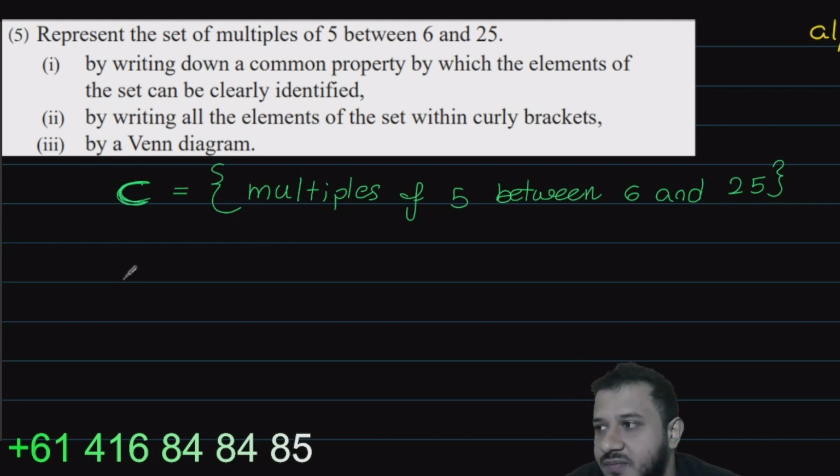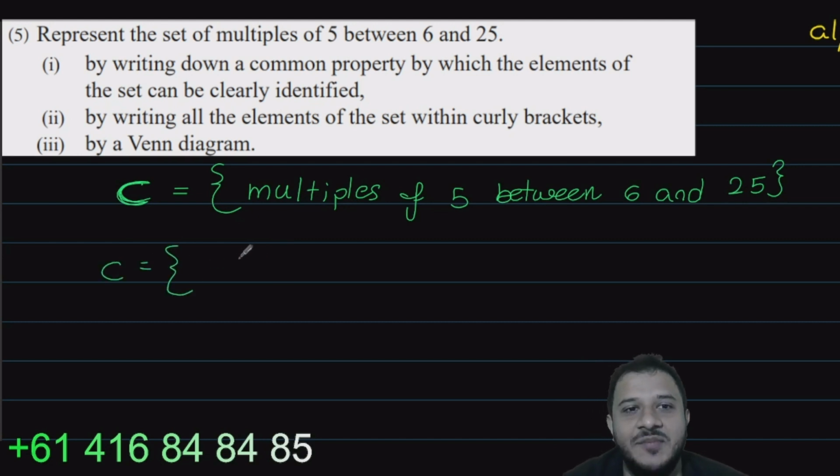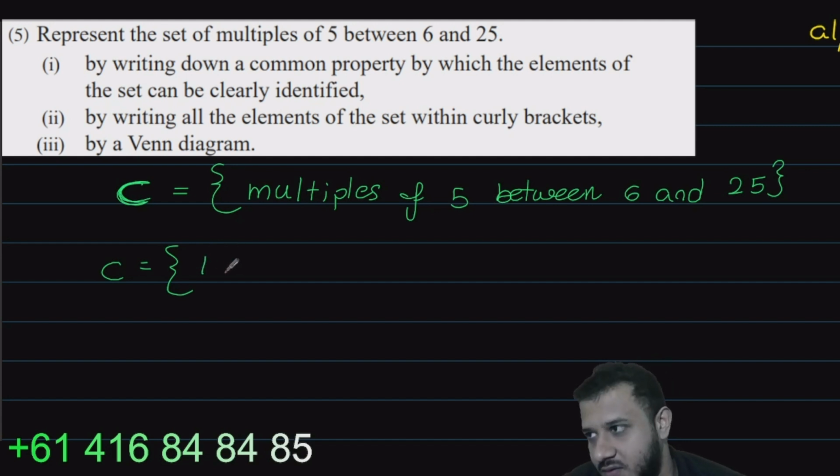That's the answer there. Okay, who can tell me what are the elements here? Multiples of 5 between 6 and 25. What should I write for that? 10, 15 and 20.